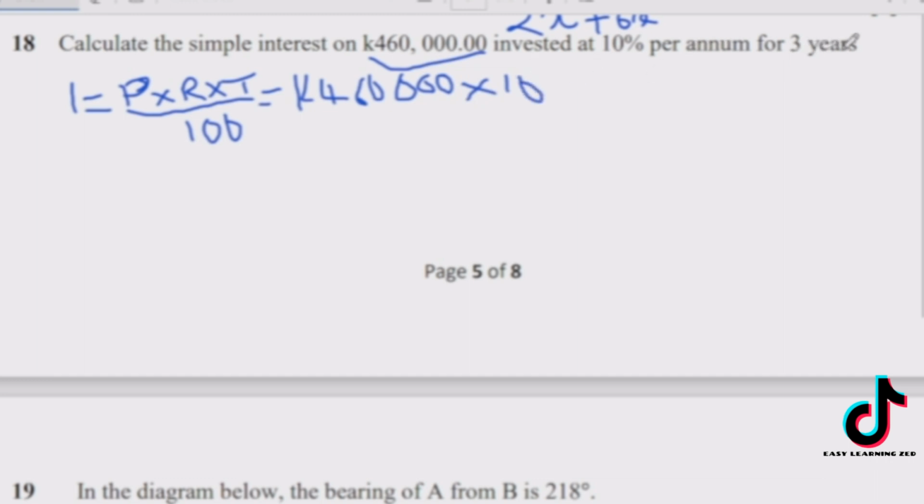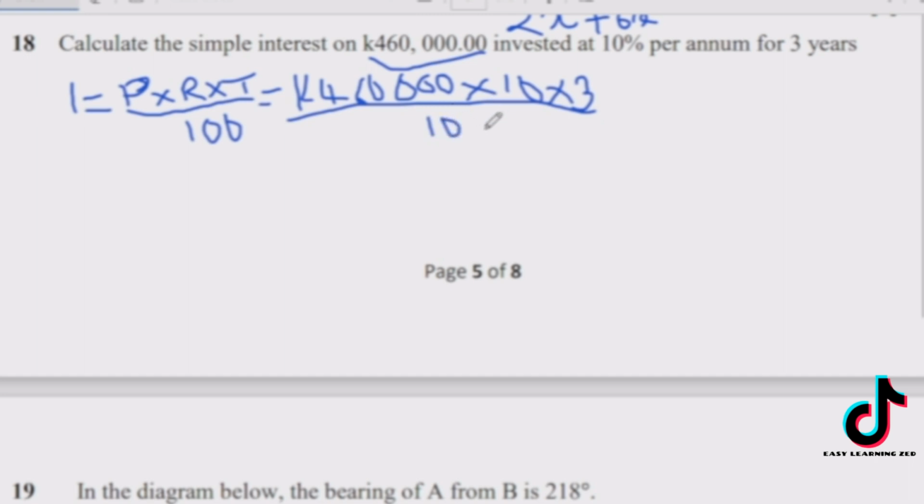Then the period the money will be invested is 3 years. We don't know where this money has been invested, so let me not say in the bank. So it's going to be 3 years, and all of that over 100.